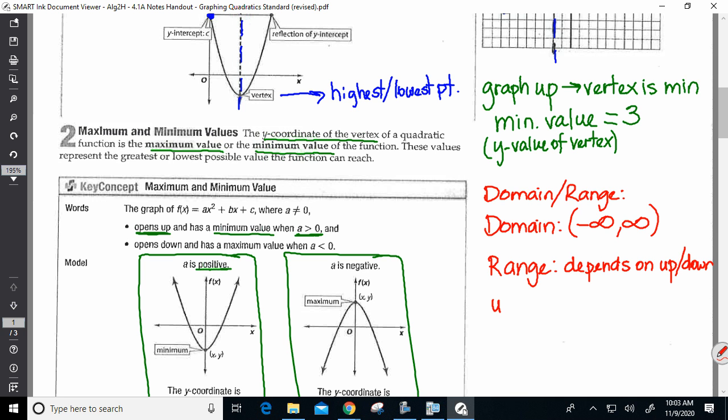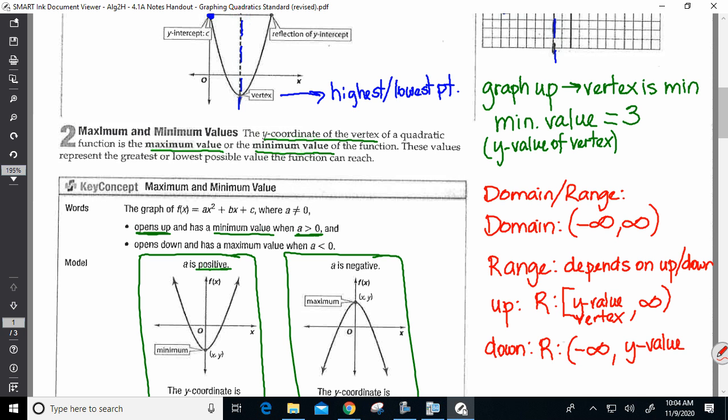If the graph opens up, then your range goes from the y value of the vertex to positive infinity. If the graph opens down, then the range starts with negative infinity and then goes to the y value of the vertex.